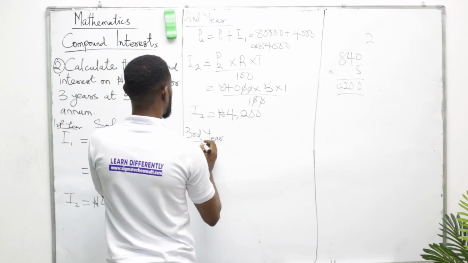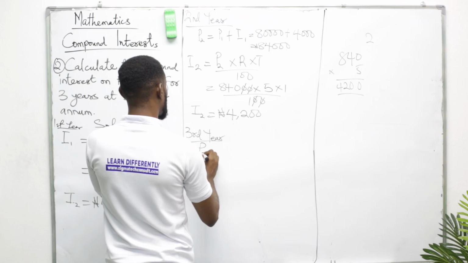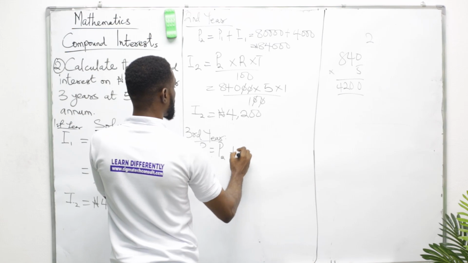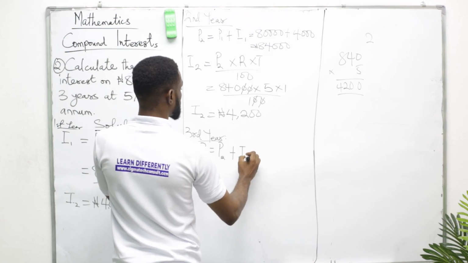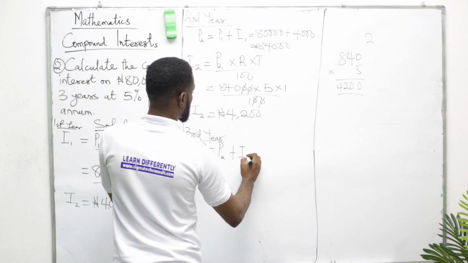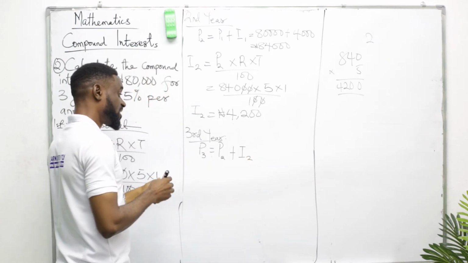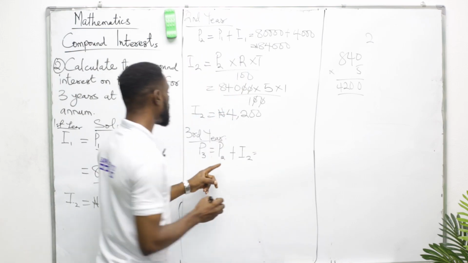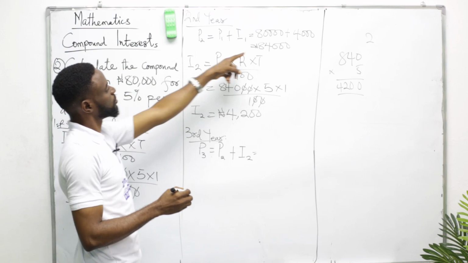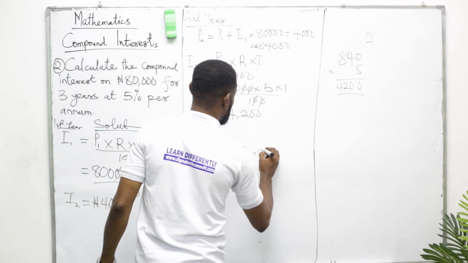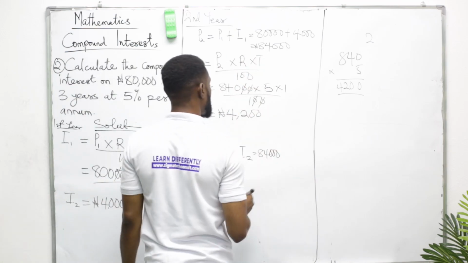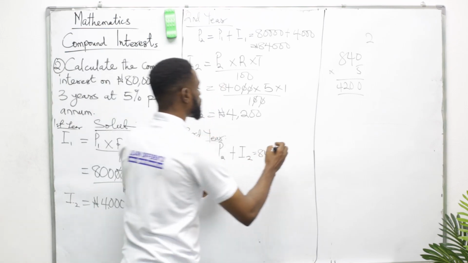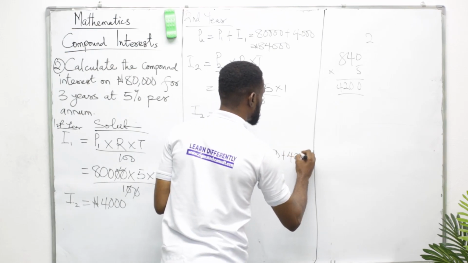All right? So now the last year, because this is running for 3 years, the principal of the third year will be the principal of the second year plus the interest of the second year. You must be very careful when putting in these figures because sometimes they may be confusing. So principal of the second year, P2, is 84,000 naira, plus the interest of the second year, 4,200 naira.